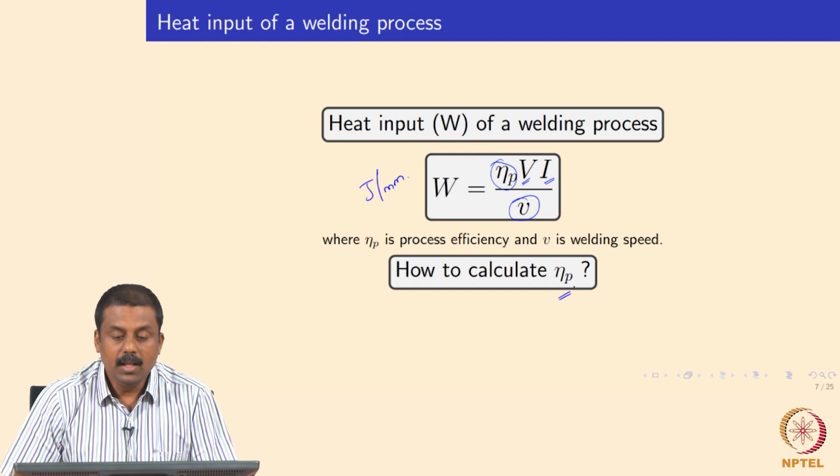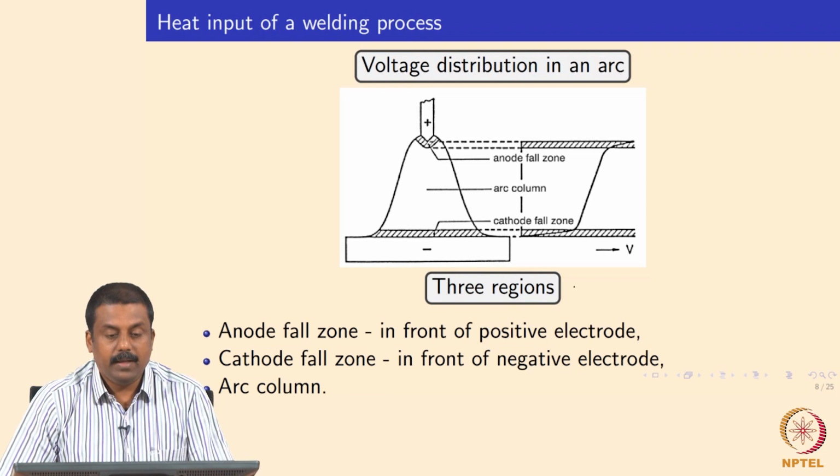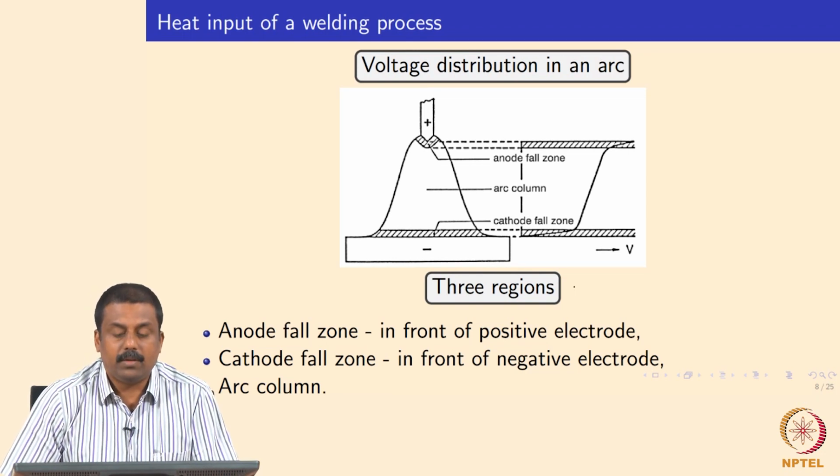So generally eta can be calculated for a given composition of the filler wire and the configuration of the process. Generally eta is calculated based on the polarity.